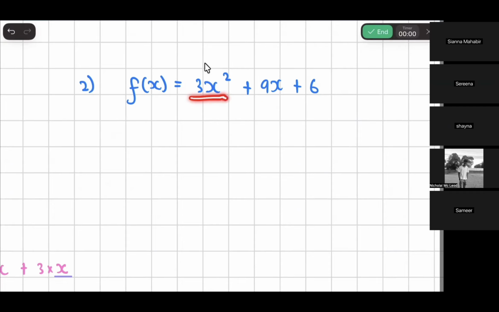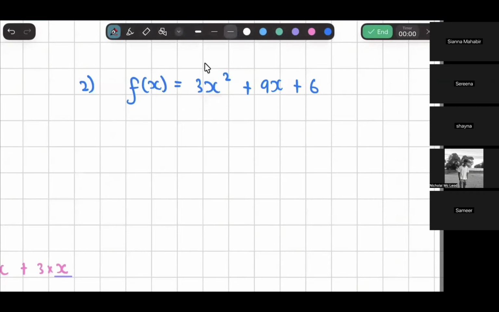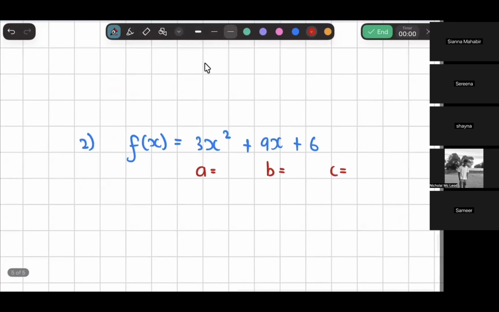Right, so coefficient is just the number in front of a variable. Now, quickly, I want you to tell me what A, B, and C are. So A will be 3, B will be 9, and C will be 6.